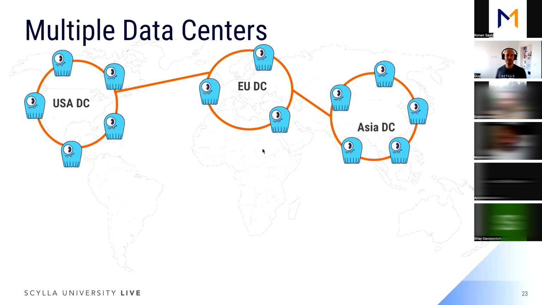I also saw the all option. In the previous slide, I saw quorum, local quorum, and all. Right, so all would be the highest consistency level.